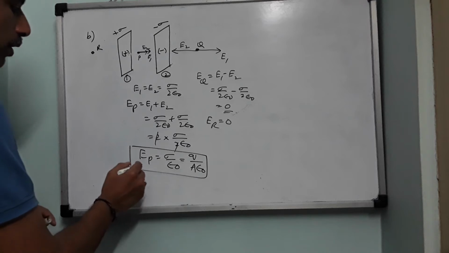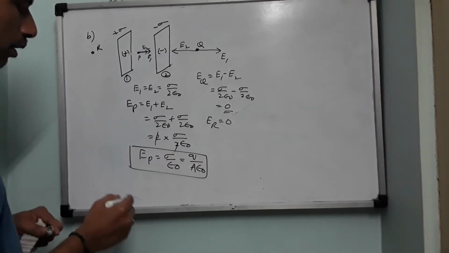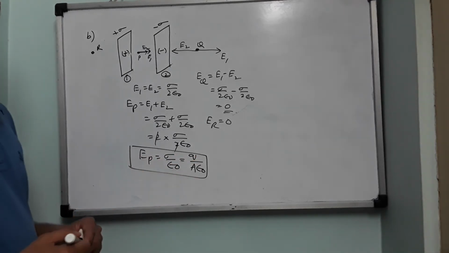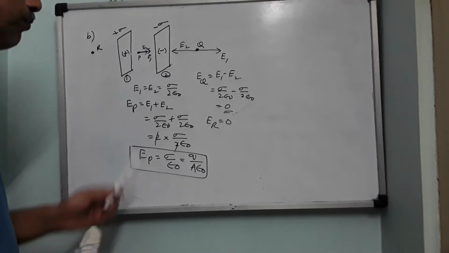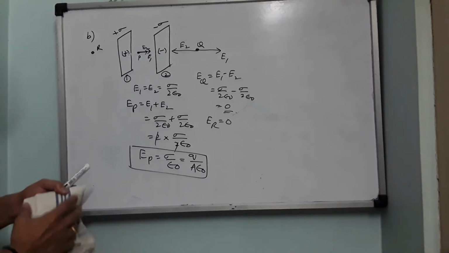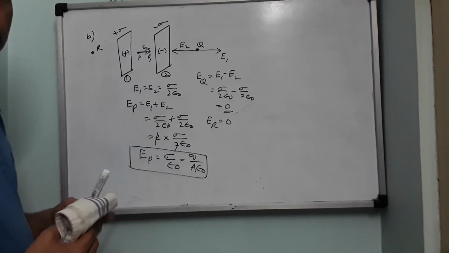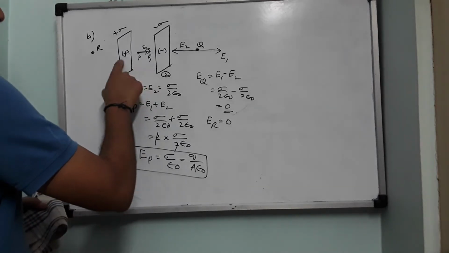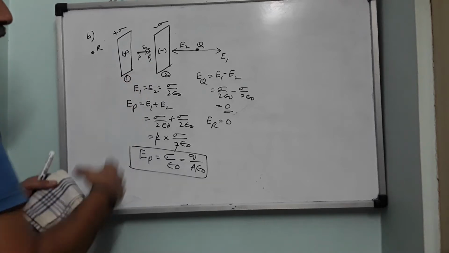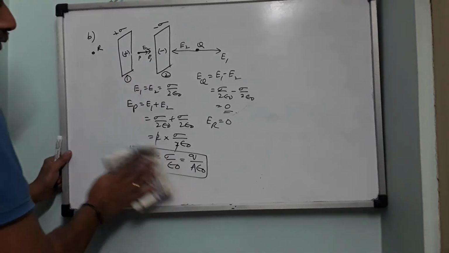So this is one of the important expressions for us to remember in order to use it in the coming chapter. These are the two cases of sheet of charge. One is two similarly charged plates. The other is two oppositely charged plates. Clear?